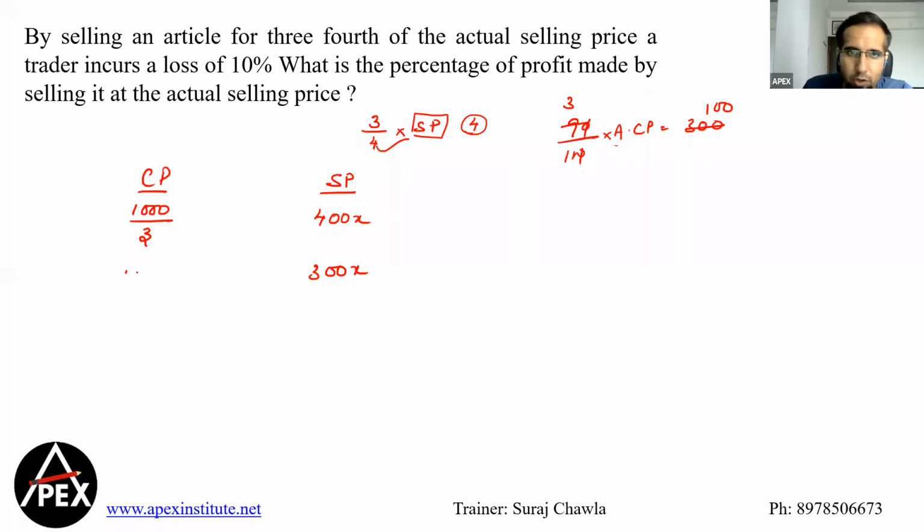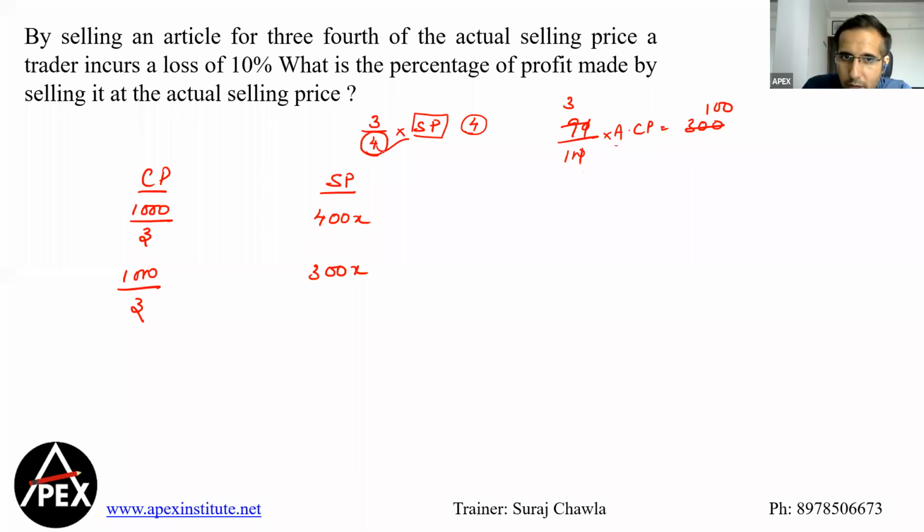Is this point clear with all of us? Look at the denominator, Supraja. The denominator is 3 by 4.